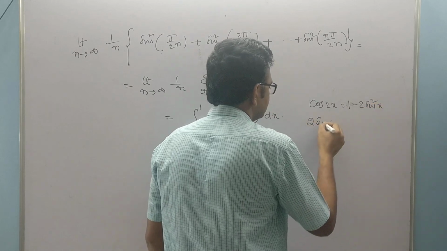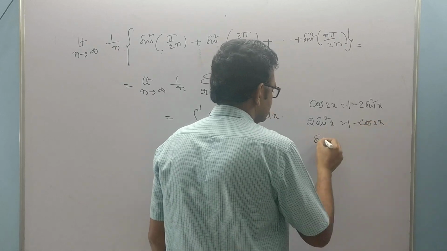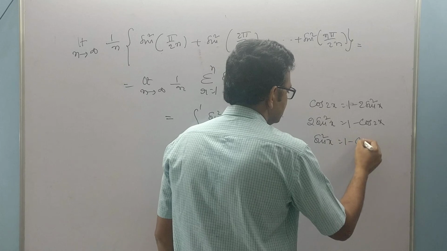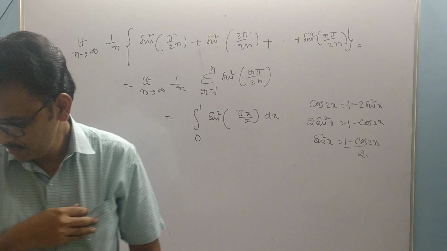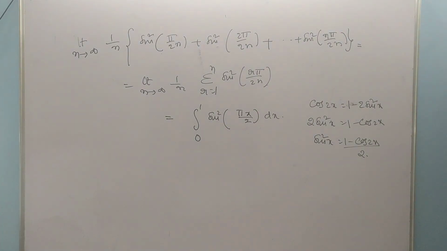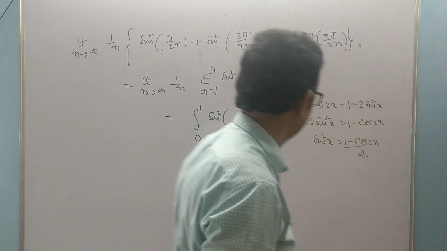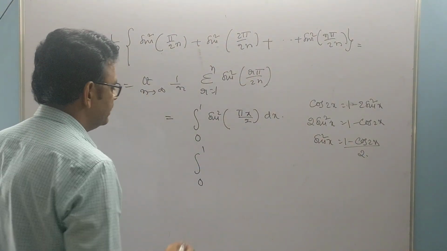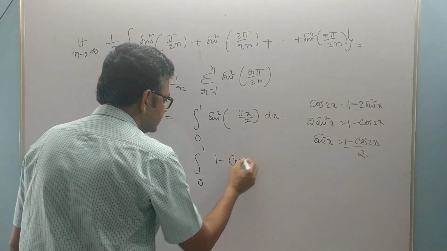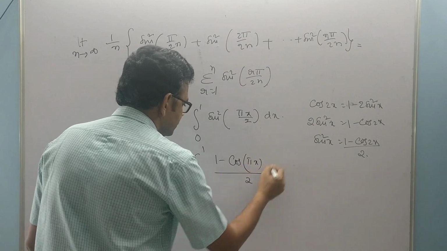Therefore 2 sin square x is equal to 1 minus cos 2x, so sin square x is equal to 1 minus cos 2x by 2. So this is the integral from 0 to 1 of 1 minus cos 2x, and 1 minus cos of 2x here is 2 into pi x by 2, that is pi x by 2, dx.